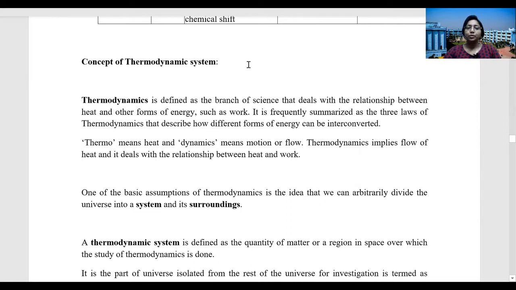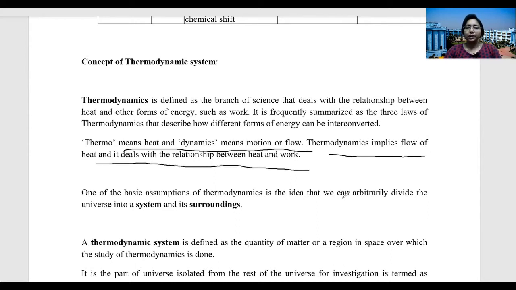One is thermo, that means heat, and another is dynamics, that means motion or flow. So thermodynamics implies flow of heat and it deals with the relationship between heat and work. That is very important for all fields of engineering.